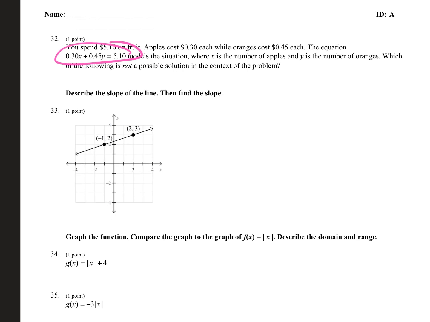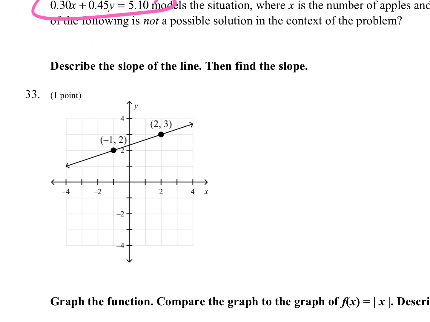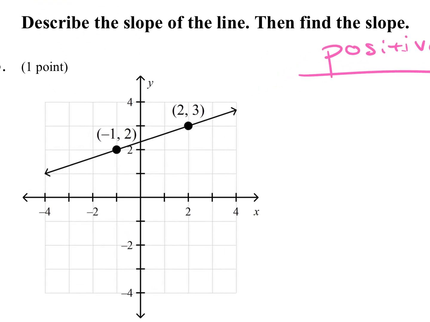Let's look at 33. Describe the slope of a line, then find the slope. Is our slope here positive or negative? Positive, because the line goes up. So we know that the slope's positive, and then let's find the slope. How can I find the slope? I can use my slope formula, y2 minus y1 over x2 minus x1, or I can just count the rise over run.